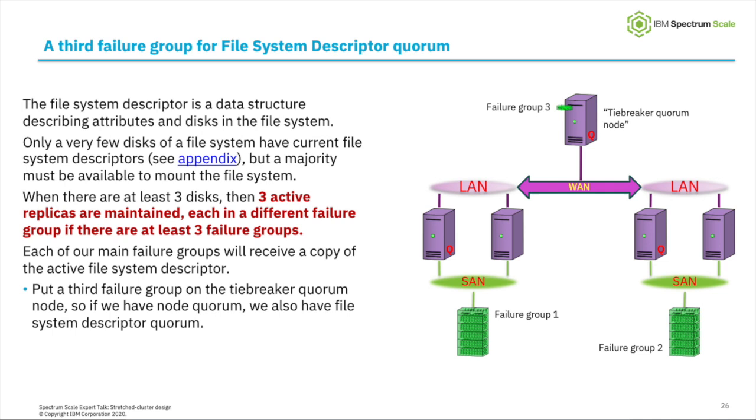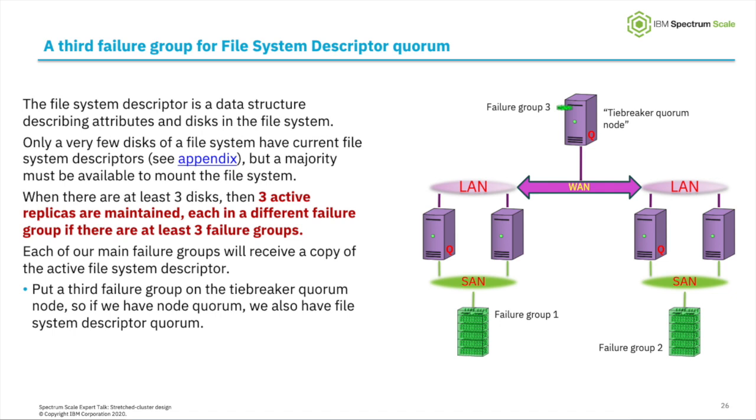So the way we can guarantee that is by placing a disk in a new failure group 3 on the quorum node. And of course, we want to make sure that this disk doesn't get any data or metadata placed on it, only an active file system descriptor.